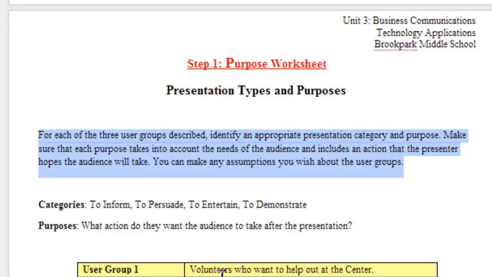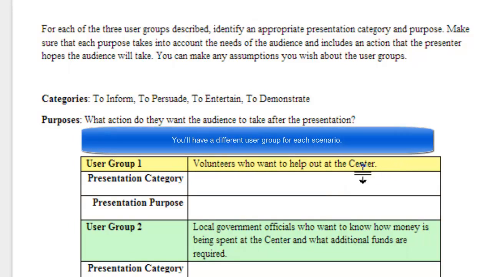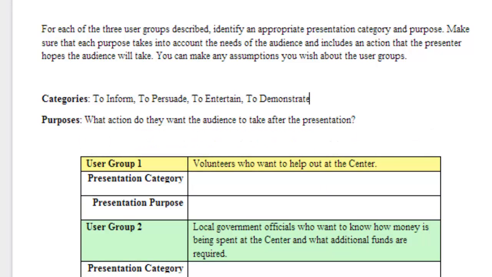So for each of these, this is our user group, a group of volunteers who want to help out at the center. What you're going to do first is tell me what category that presentation would be. So if somebody was giving a presentation to volunteers who want to help out at the center, would they be trying to inform them, to persuade them, to entertain them, or to demonstrate something?